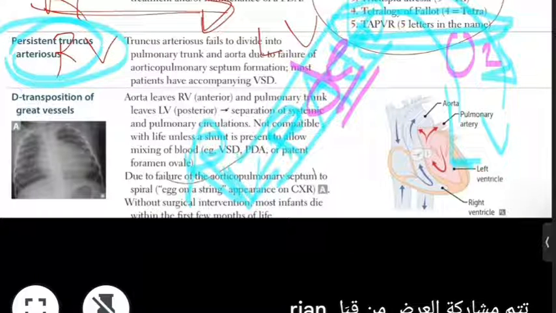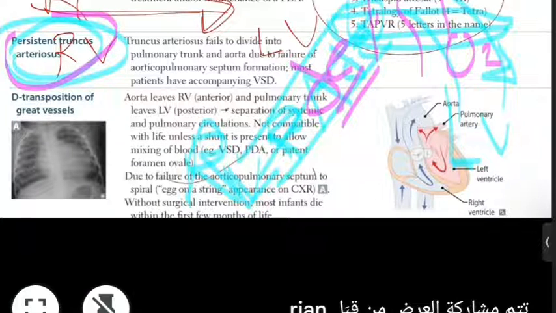But if this baby has persistent truncus arteriosus, this trunk doesn't divide. There's no septum between the aorta and the pulmonary artery. During embryology, when he was an embryo, these blood vessels didn't divide.